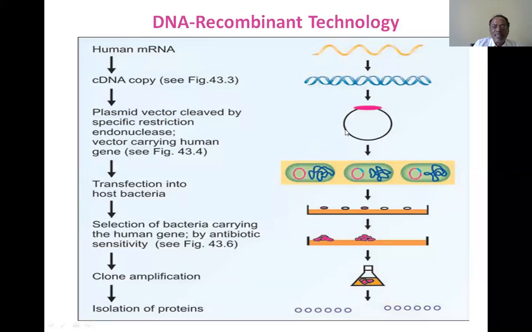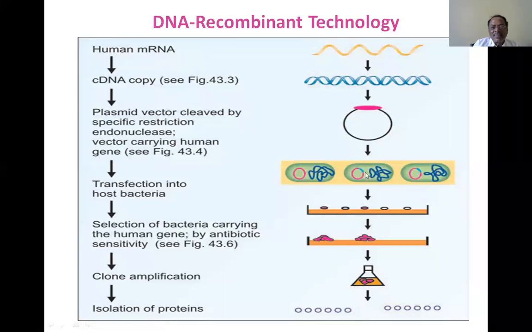Then these plasmids with the cloned DNA are allowed to react with the E. coli. The plasmids have the capability to enter by breaking the wall of E. coli and entering into its cytoplasm. Then they start expressing, and along with that, this gene is also expressed.